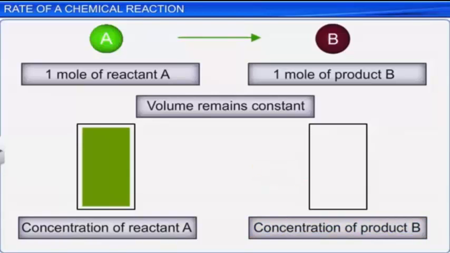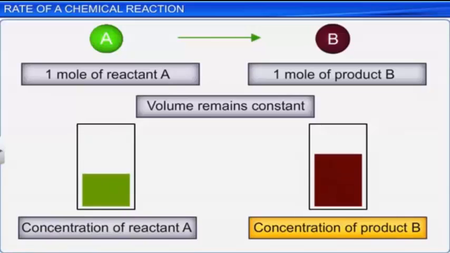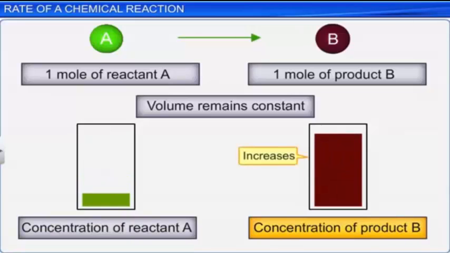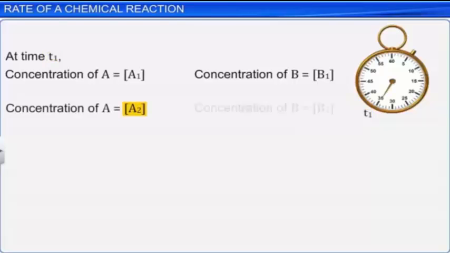As the reaction proceeds, the concentration of reactant A decreases, while the concentration of the product B increases. Let A1 and B1 be the concentrations of A and B respectively at time T1, and A2 and B2 be their concentrations at time T2.